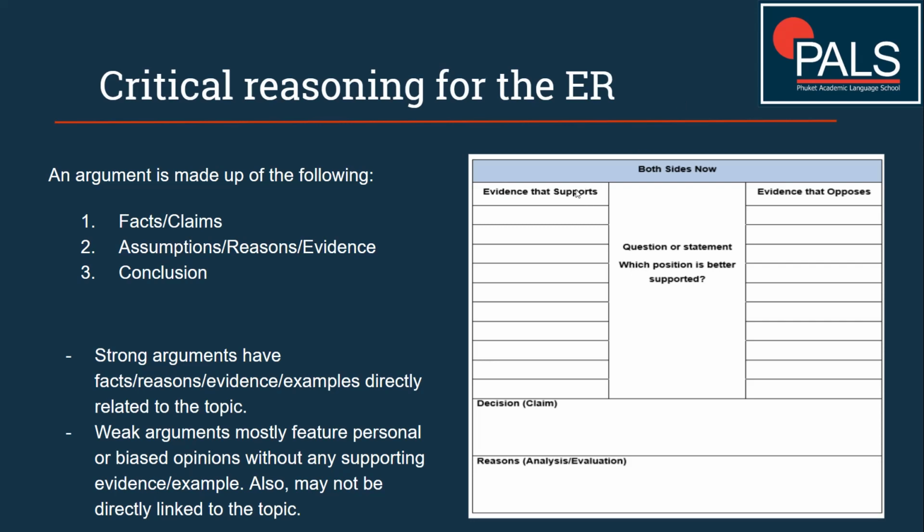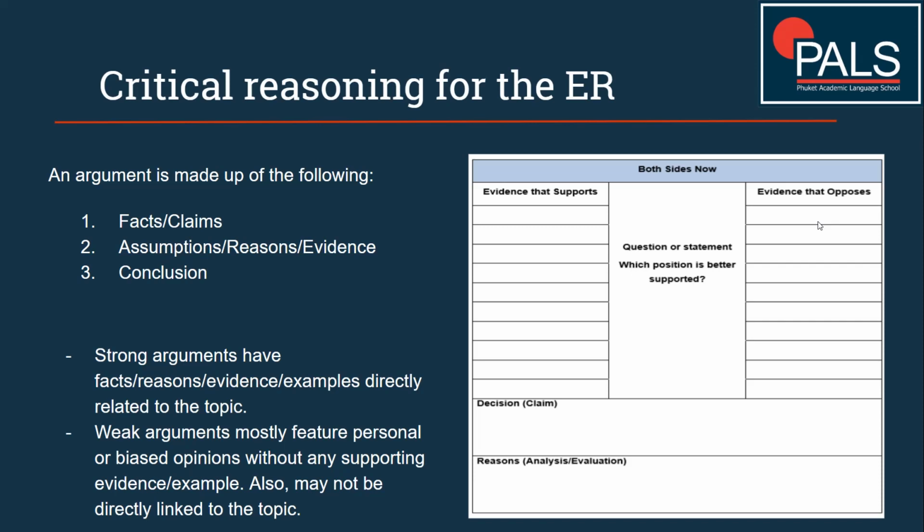So here we have, for Article 1, evidence that supports an idea, and you'd write in your kind of bullet point form here, evidence that supports. Then for the other article, you put it kind of bullet point in here, the evidence that opposes that.